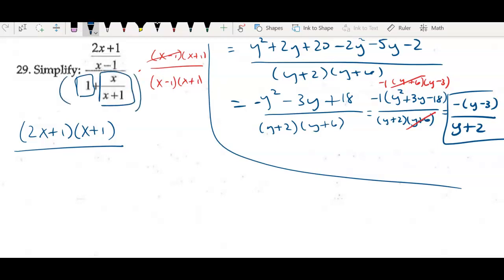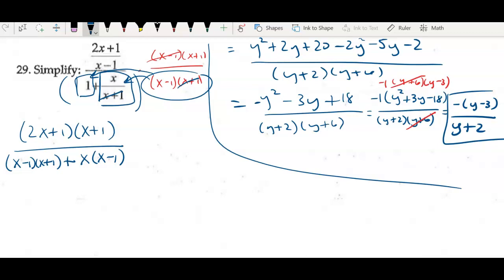It has to distribute to the 1 and then distribute to the fraction. Well, 1 times that whole thing is simply, okay, plus. Now, these will cancel, and I'm left with x times x minus 1. So that whole complex fraction looks like this.